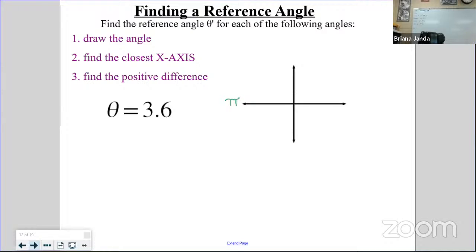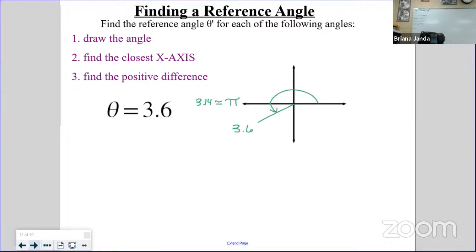That's where that number came from. And pi is approximately 3.14 whatever. Well, knowing that helps me draw this because I'm supposed to draw 3.6. So if I get from here to here, I've gotten approximately 3.1 something, and I'm supposed to get to 3.6 radians.